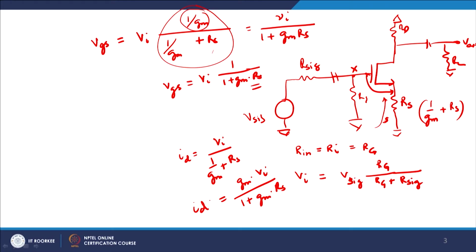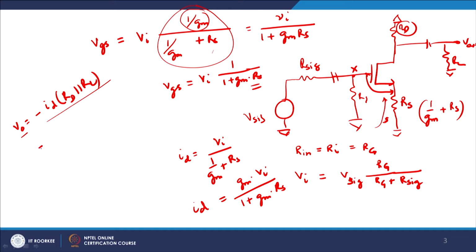Now, we very well know that the output voltage VO will be minus ID times RD parallel RL, where RL is the load and RD is the drain resistance. The phase change is there, therefore there is a negative sign.